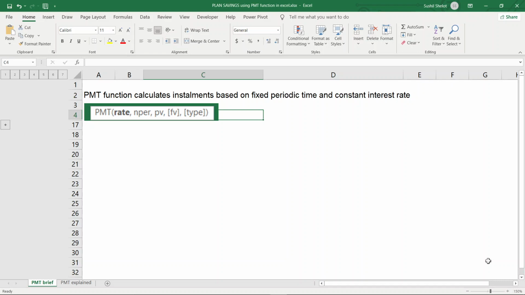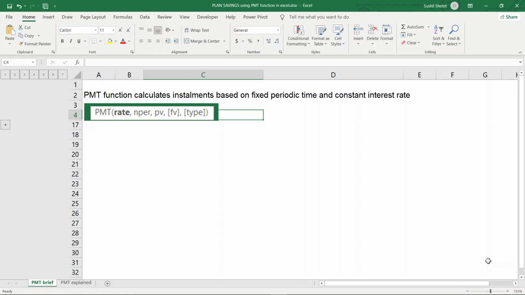So let us revise the PMT function before we move on. The PMT function calculates the installments based on a fixed periodic time. That is, the frequency can be monthly, quarterly, yearly, or maybe weekly also.